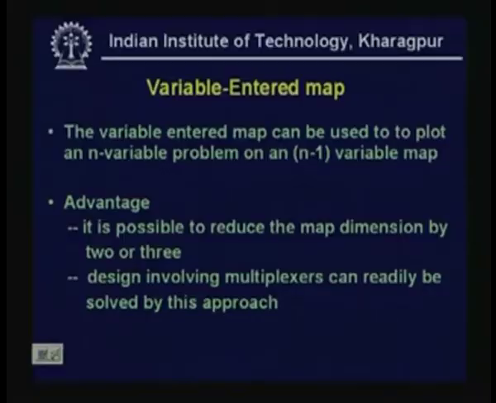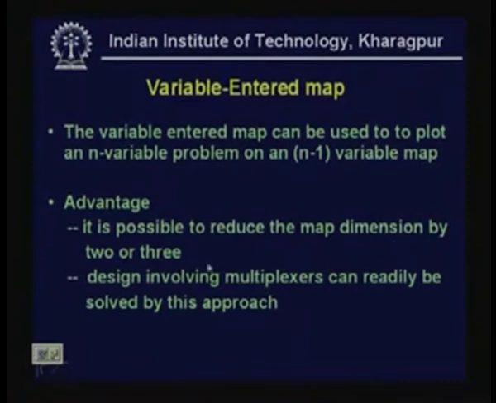Then the variable entered map can be used to plot an n variable problem on an n minus 1 variable map. So, if we write a program, then always for a large value of n, we can reduce the K-map to some reduced variable map, and this is a very big advantage.